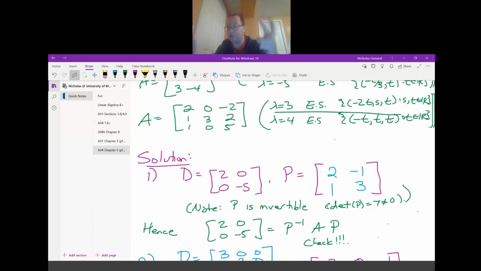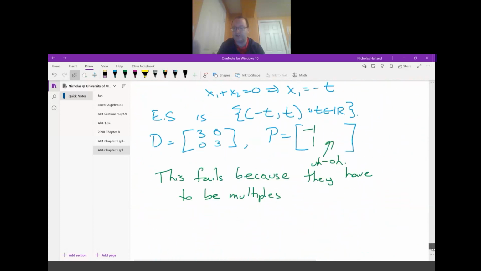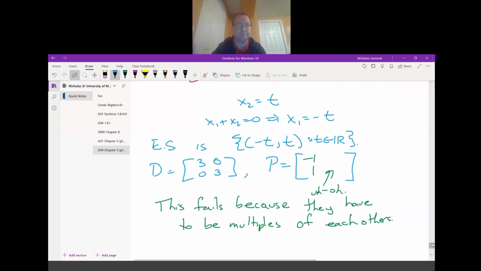In this case, how many parameters did our eigenspace have? Just 1. So this is not diagonalizable.